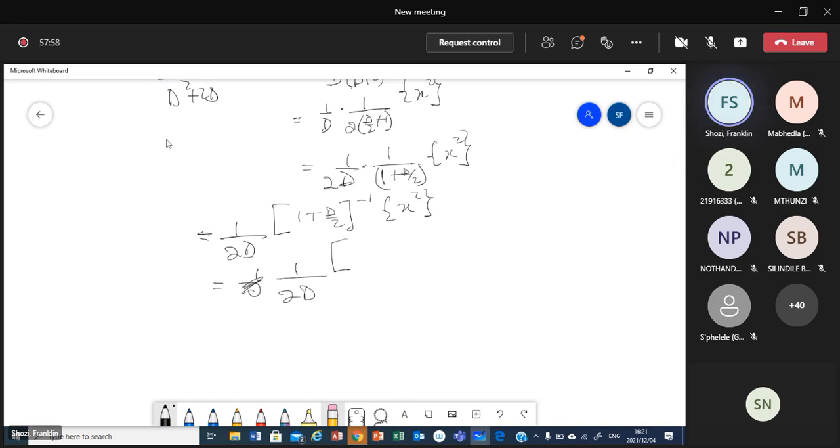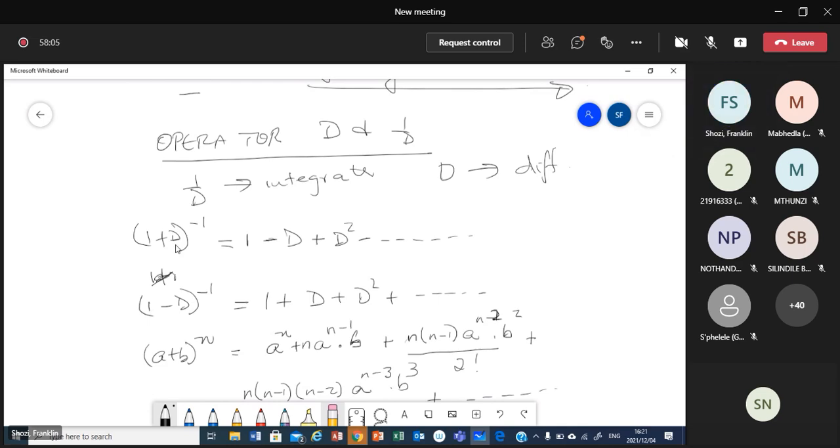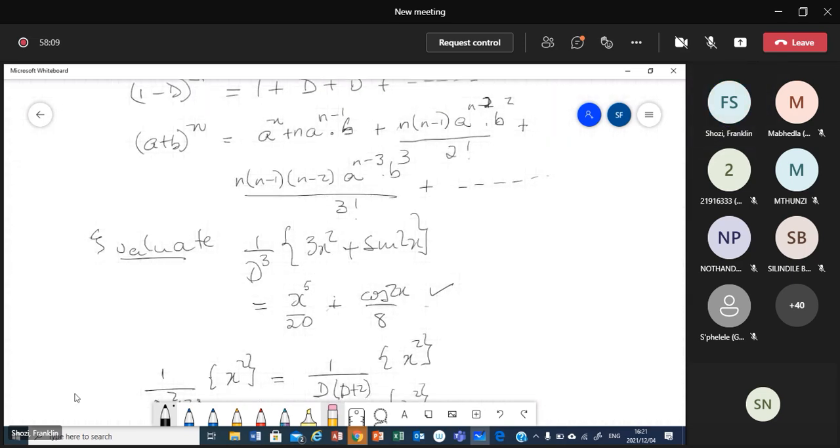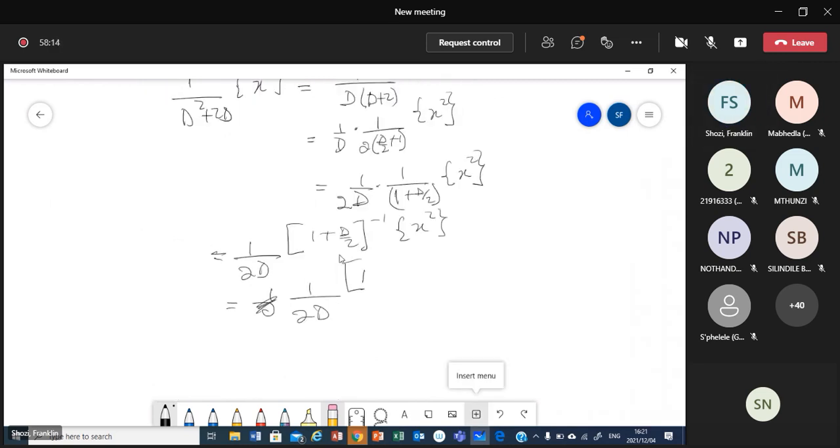This expansion is similar to the expansion that I know precisely, just that this D, in my case, is D over 2. But the terms will be the same. The first term is 1. It's plus, so they will alternate. D over 2 as my next D. The next one is plus D over 2 all squared. I'll stop here because this is raised to the power 2, acting on x squared.